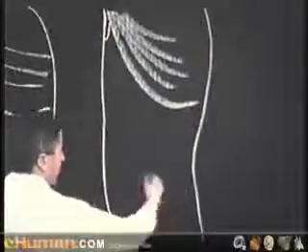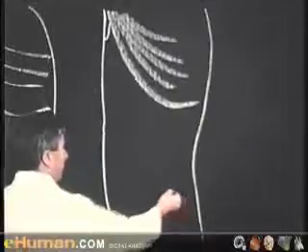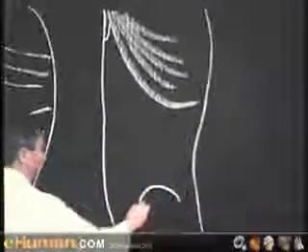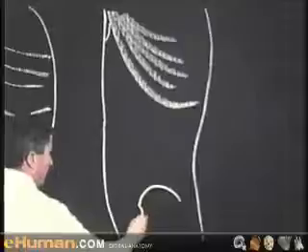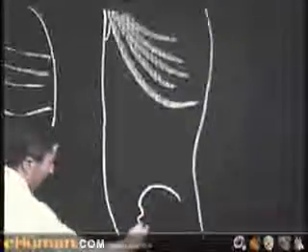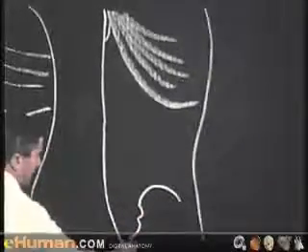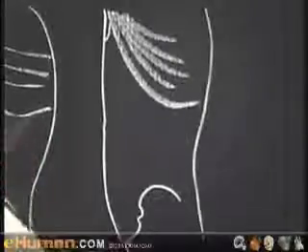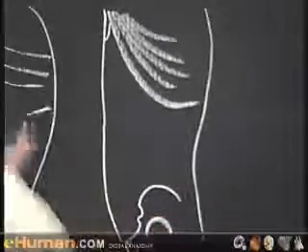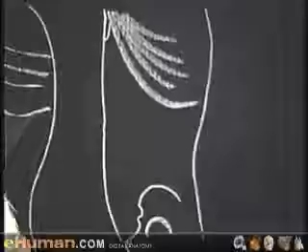And here's the xiphoid process. And below here, we can indicate the iliac crest, the anterior superior iliac spine, the anterior inferior iliac spine, the superior ramus of the pubis, and the pubic tubercle. And here, just to show the position, the acetabulum.